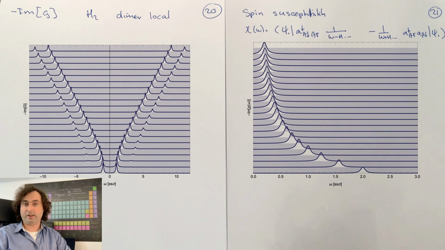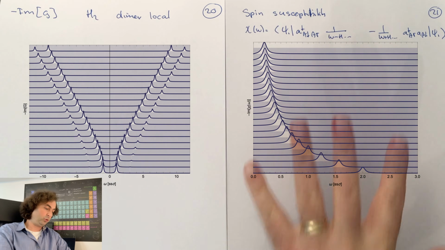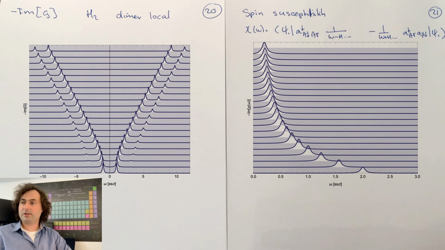You have a gap inside your one particle spectrum, but within the gap you are able to make two particle excitations. So these two particle excitations do not couple to single charge excitations, and as such they form a new kind of quasi-particles that you can make, that you can propagate, and that you can use to communicate information or energy with.